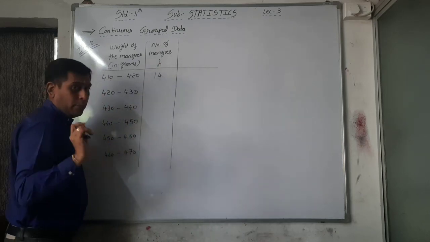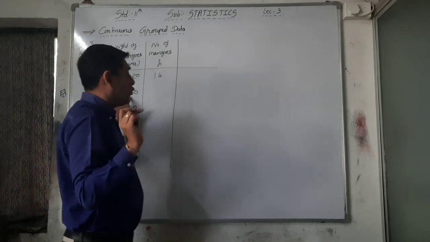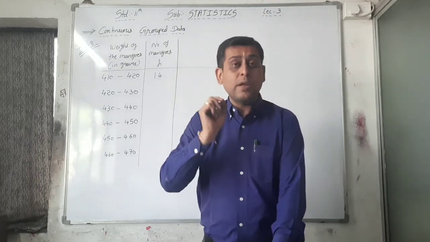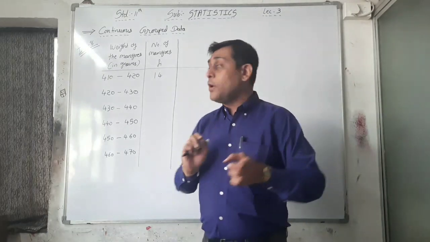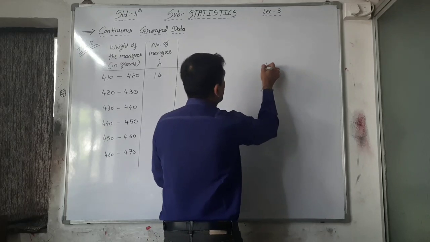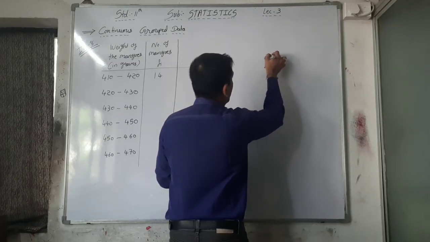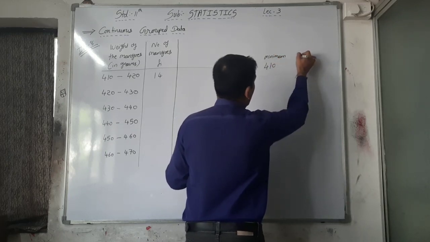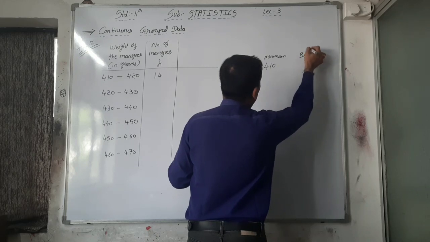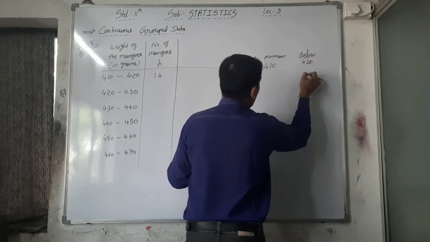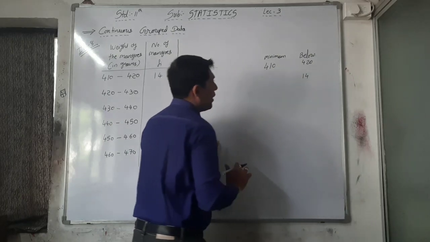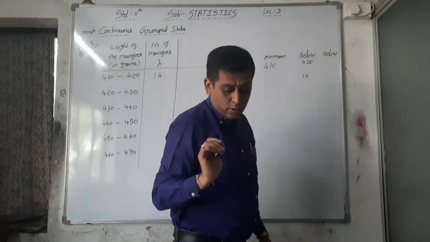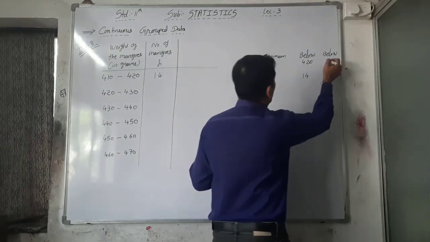It's okay. But next, 420 to 430. Here I am writing 420 to 430, and here it is given below 430. I am writing 410 as the minimum weight. So whenever they say below 420, it is 14, between these two. But whenever they write below 430, it is 34.